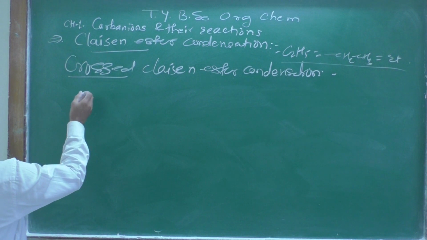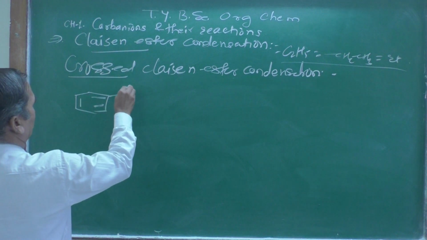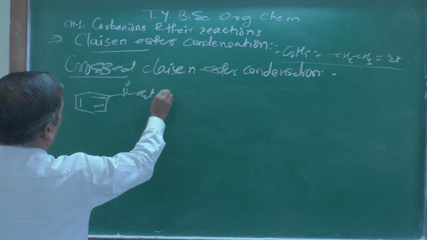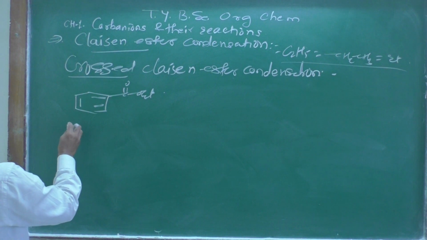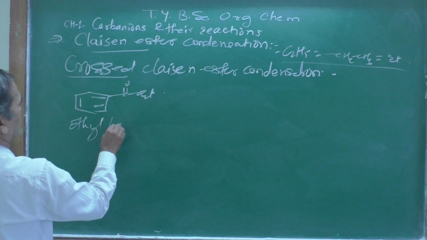Suppose I have a starting compound, this one, ethyl benzoate, C double bond O, OEt. That is the compound I have taken. The name of this compound is ethyl benzoate.